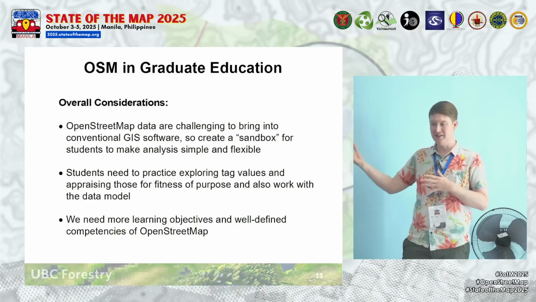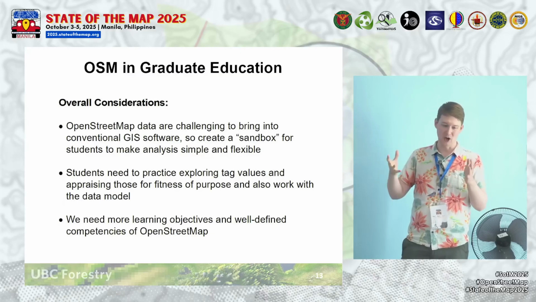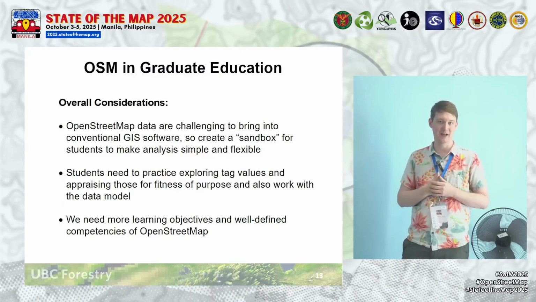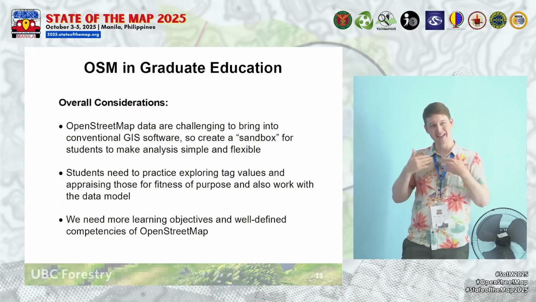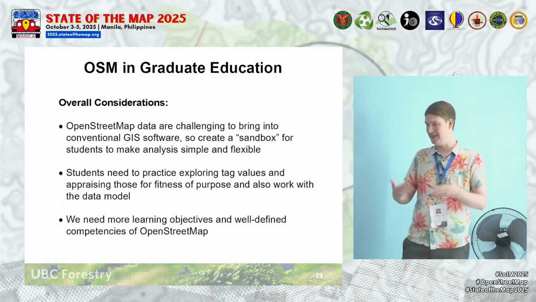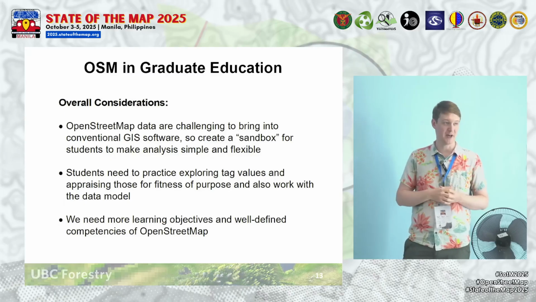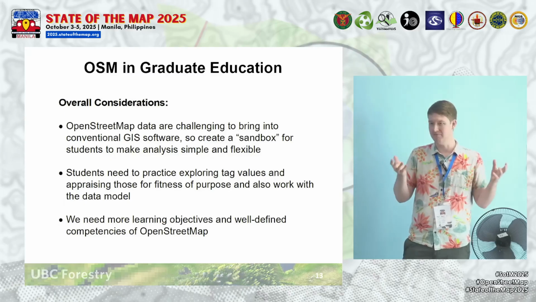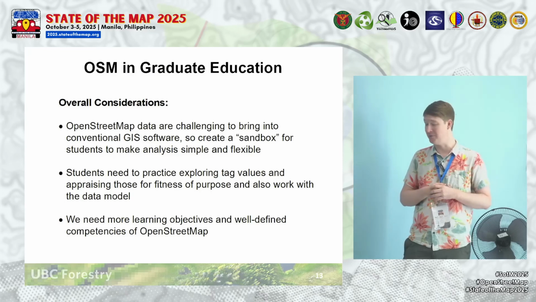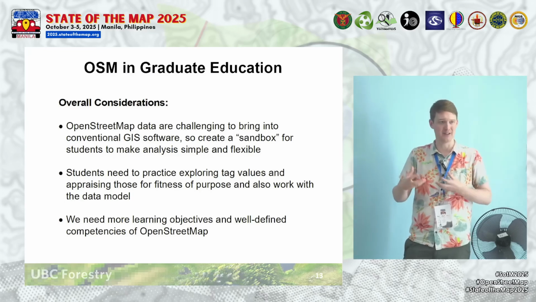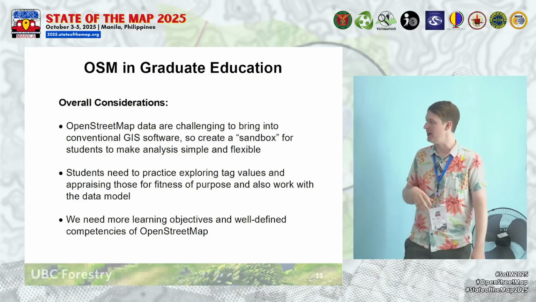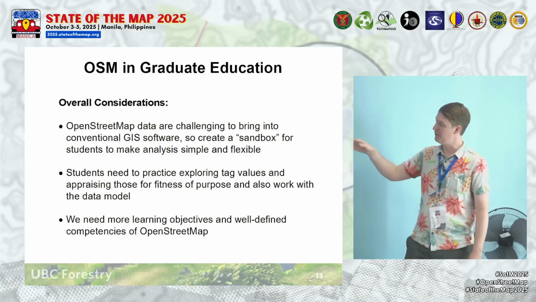So yeah, creating something, at least in this case for our province, an extract of the OpenStreetMap data for our province, making that available as a nightly updated database so that students can use it as a sandbox. So they can go and grab the data without really having to worry or think too much about how they're going to transform it or explode the hstore or whatever. And that makes it really simple and flexible for them.